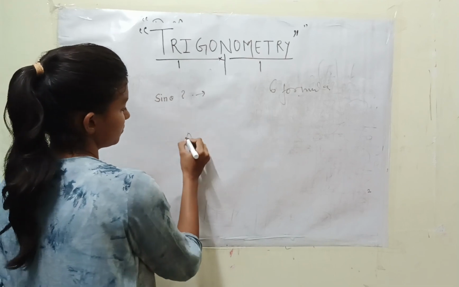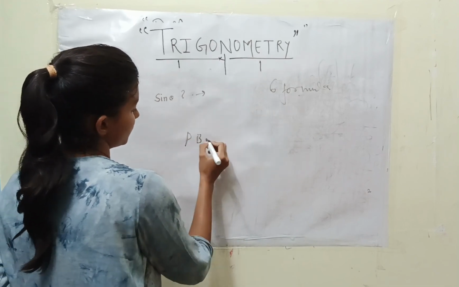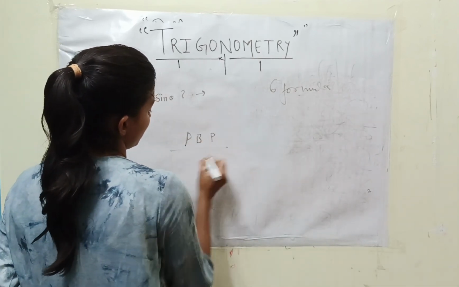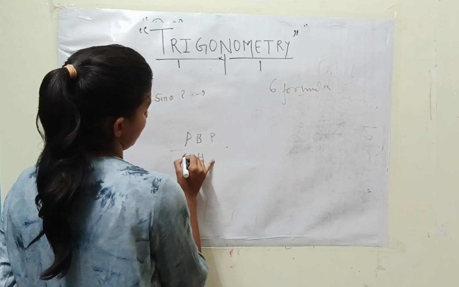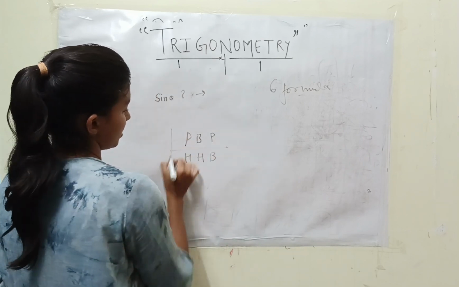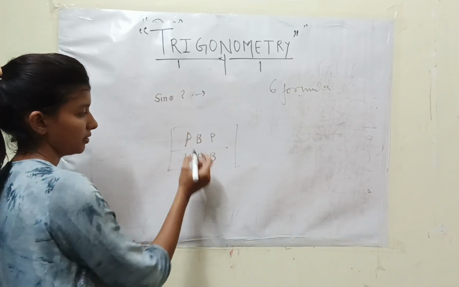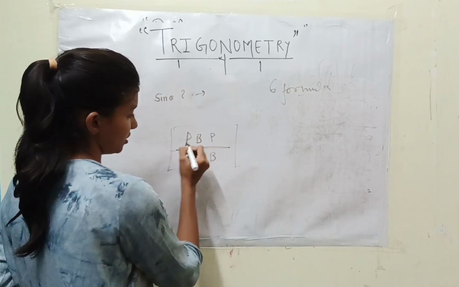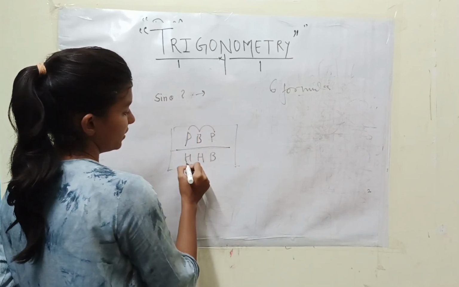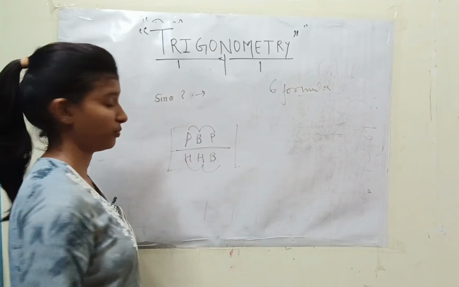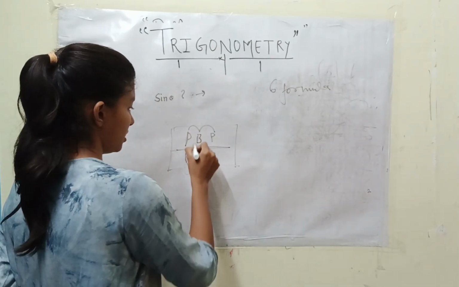So this is the trick. Just learn these expressions and you will get all the trigonometric ratios.